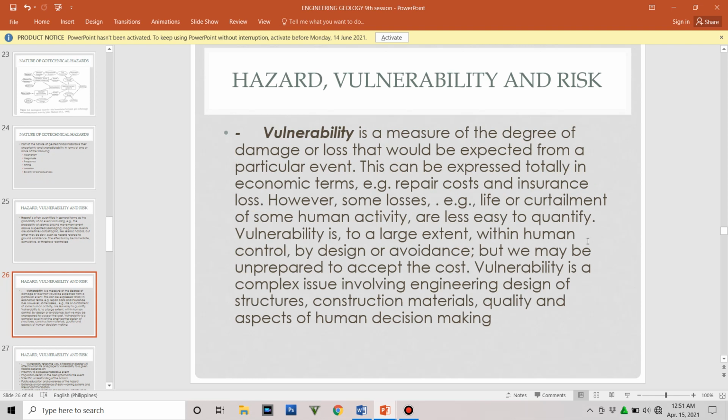So vulnerability is, to a large extent, within human control by design or avoidance, but we may be unprepared to accept the cost. Vulnerability is a complex issue involving engineering design of structures, construction material, quality, and aspects of human decision making.